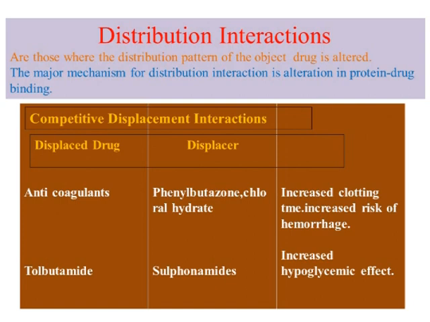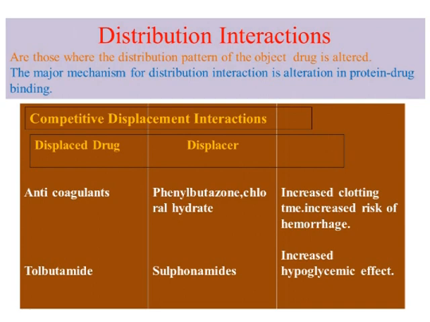So yes, the distribution pattern is different for each drug. What I need to tell you from this place is mostly about drug displacement. Drugs get attached to proteins inside the plasma, and then they travel across, so there is protein binding. Some drugs are more protein bound as compared to other drugs which have less protein binding.